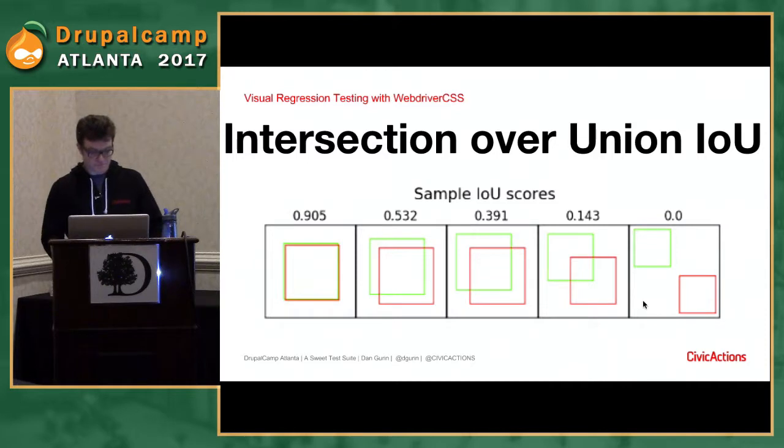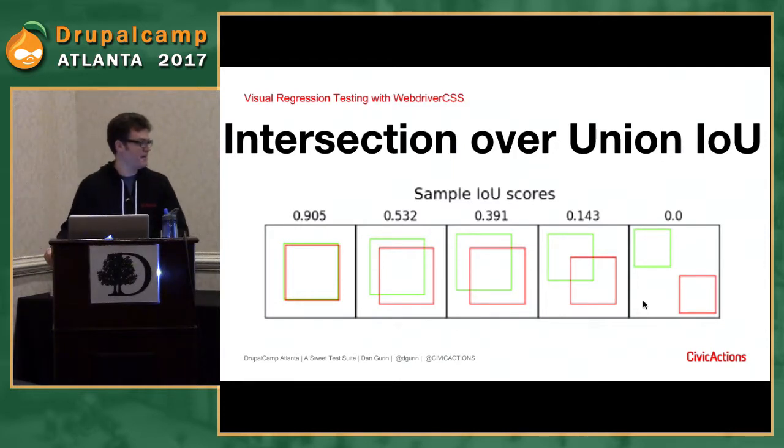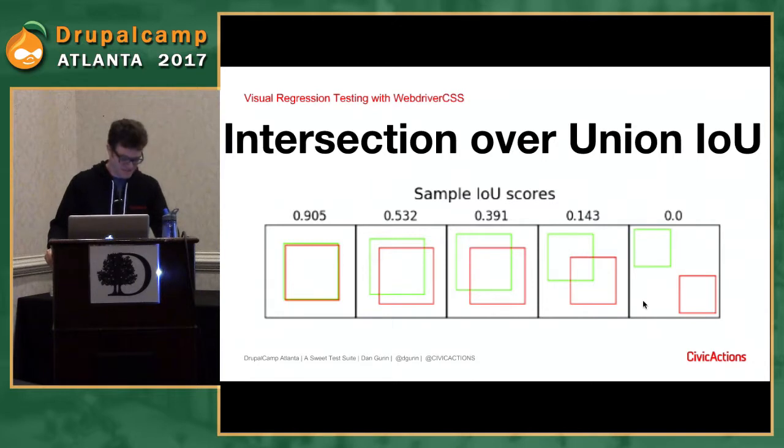And behind the scenes, it does intersection over union, not an IOU money kind of thing, but 1 to 0 is the scale, with 1 being exactly the same and 0 being pretty different.